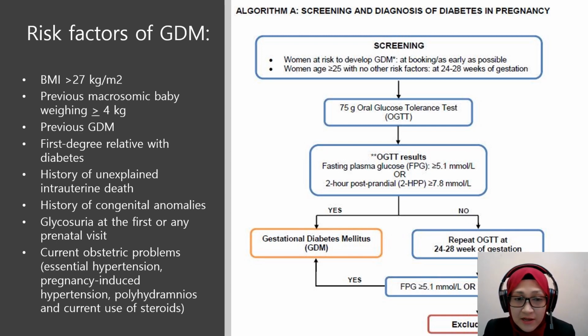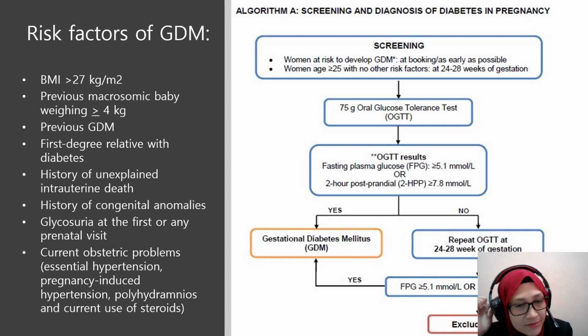History of congenital anomalies, glycosuria at the first or any prenatal visit. Glycosuria is the presence of glucose in urine, or current obstetric problems like essential hypertension, pregnancy-induced hypertension, polyhydramnios, and current use of steroids.